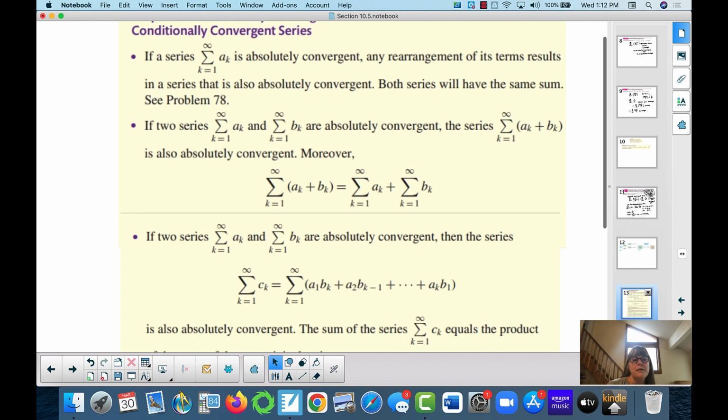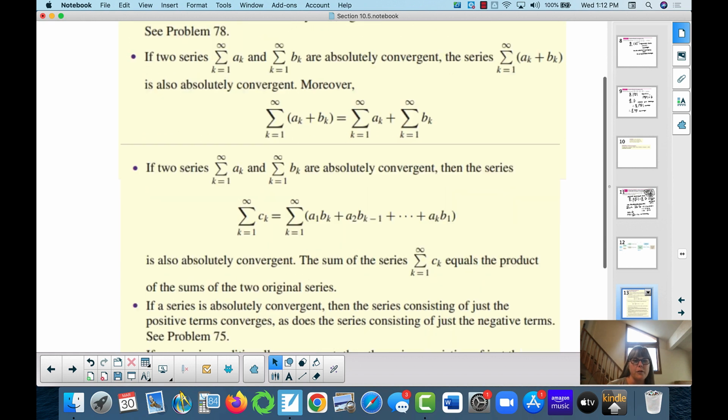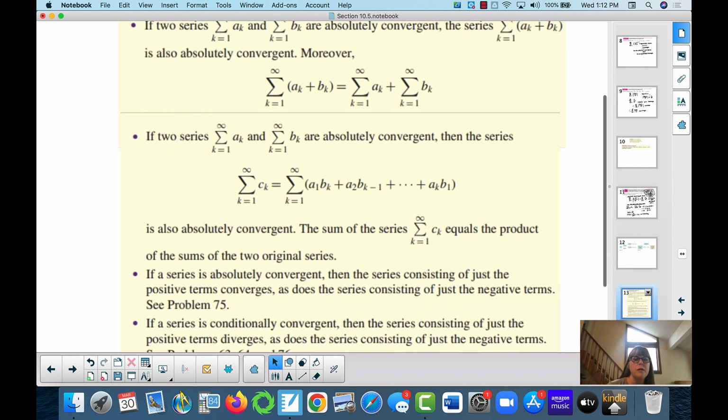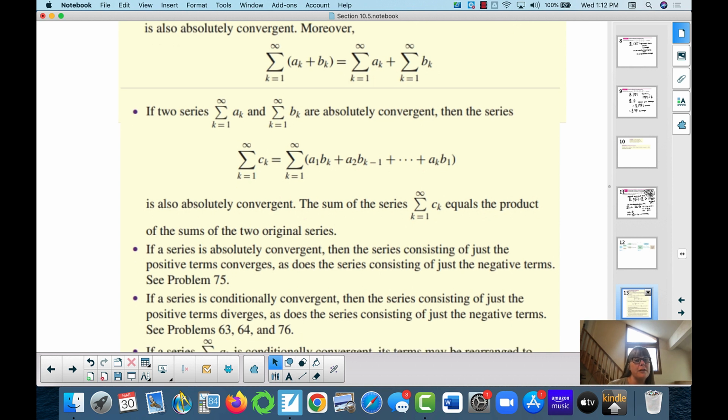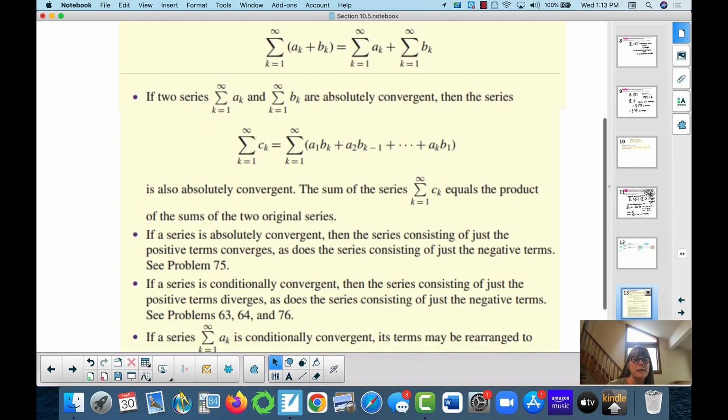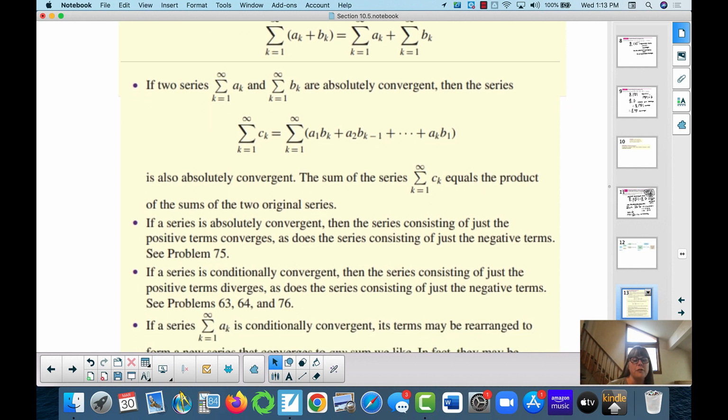If you have two series that are absolutely convergent, then if you add those series together, they will also be absolutely convergent. If I have two series that are absolutely convergent, and I multiply the terms in those series together and make a new series, that series will also be absolutely convergent.